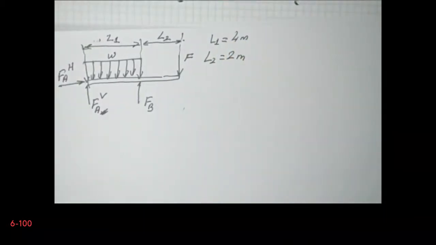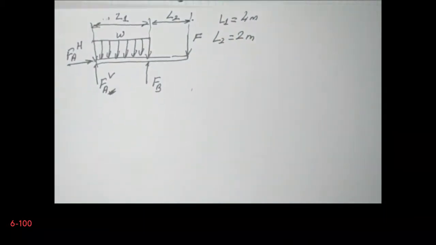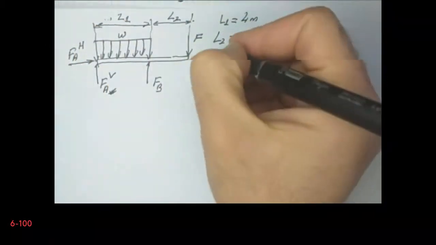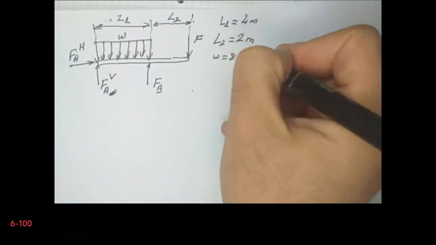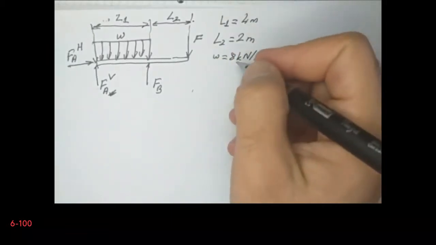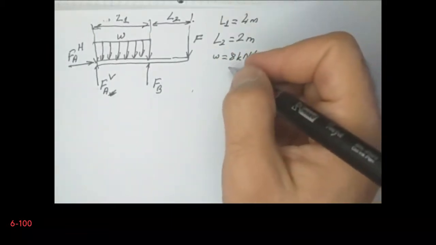So this is the moment distribution. Let's write W as well. W is equal to 8 kilonewtons per meter, and F is equal to 12 kilonewtons.